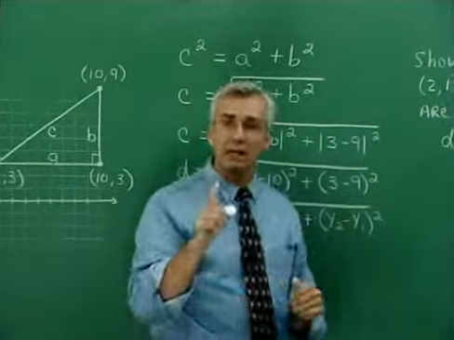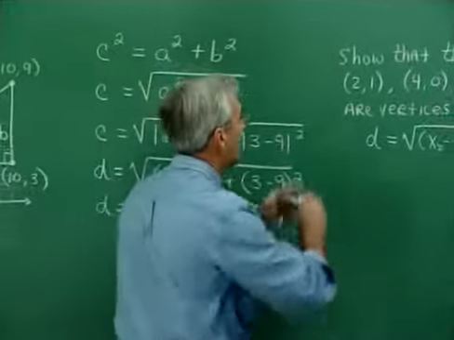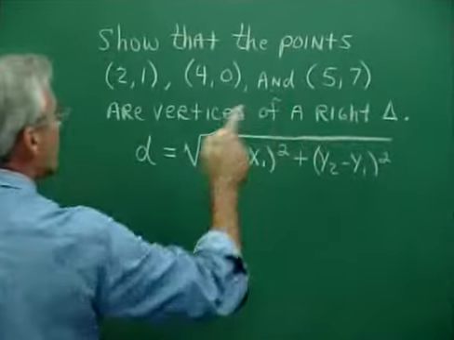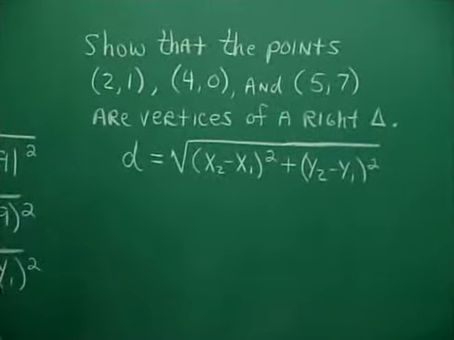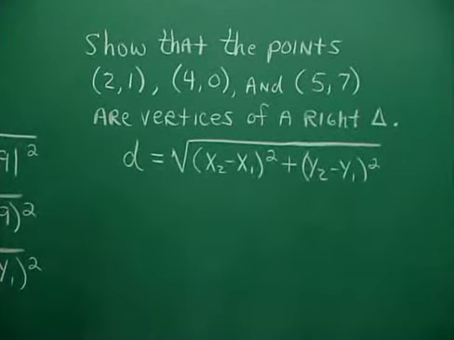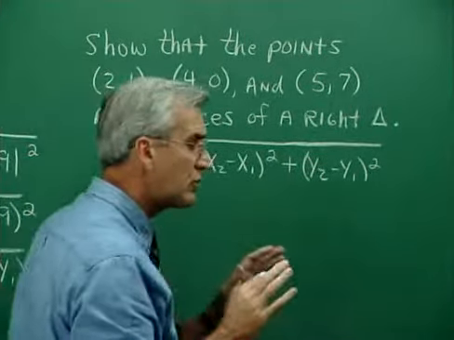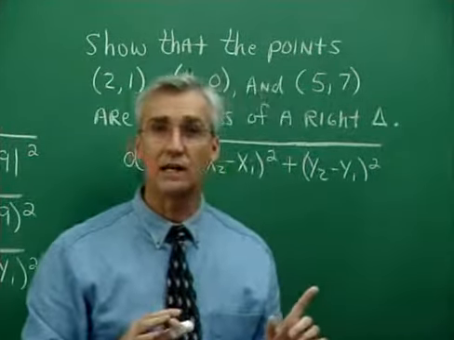That is, given that we have the points 2, 1, 4, 0, and 5, 7, are these the vertices of a right triangle? Gee, if they are the vertices of a right triangle, then this relationship between the sides exists.